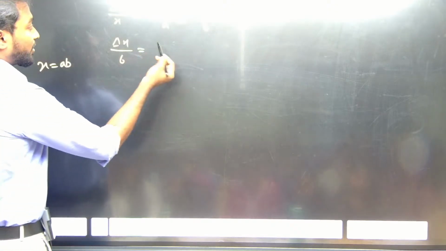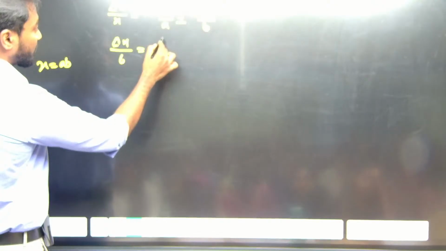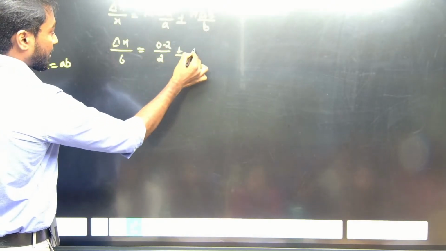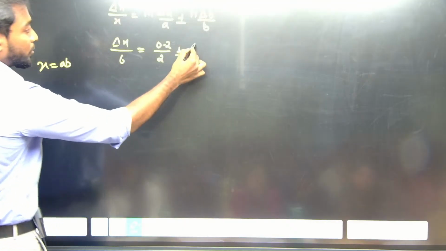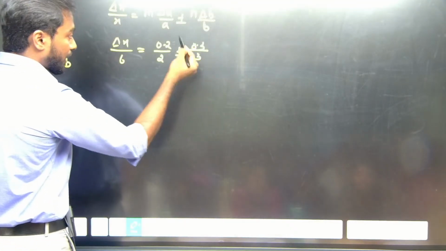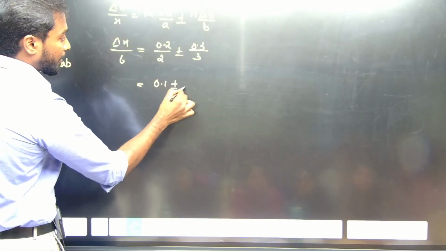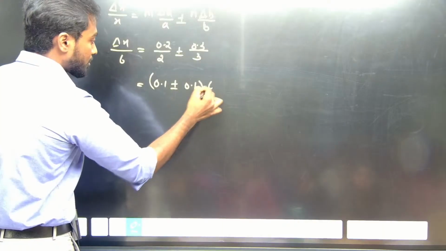So what is m and n? It is power 1 only, so no need to worry about that. What is delta a value? 0.2, a value 2 plus or minus, again n is 1, so it is 0.3 by 3. So this is 0.1 plus or minus 0.1 into 6.